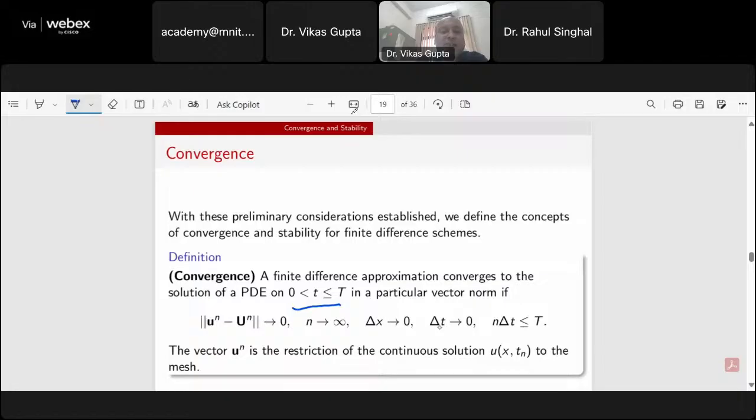Then we can say that our finite difference scheme converges to the continuous solution u over this domain.